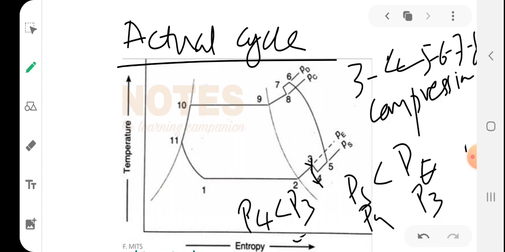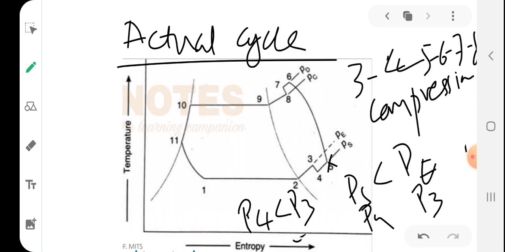And at point 5, you can see that the temperature is raised due to contact with the walls of the compressor cylinder. I've told you earlier that there is heat transfer taking place in the cylinder wall.